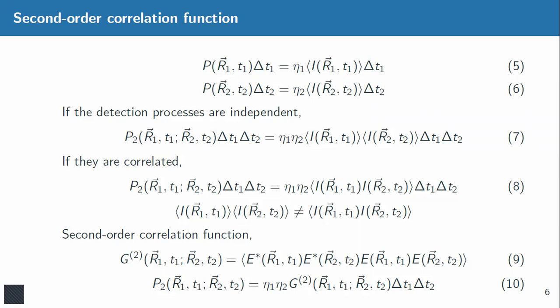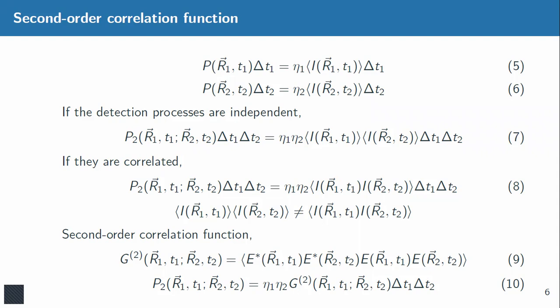If the detection processes are independent of each other, as we could say when the fields at different positions are not correlated, the joint probability of photodetection is given in equation 7.